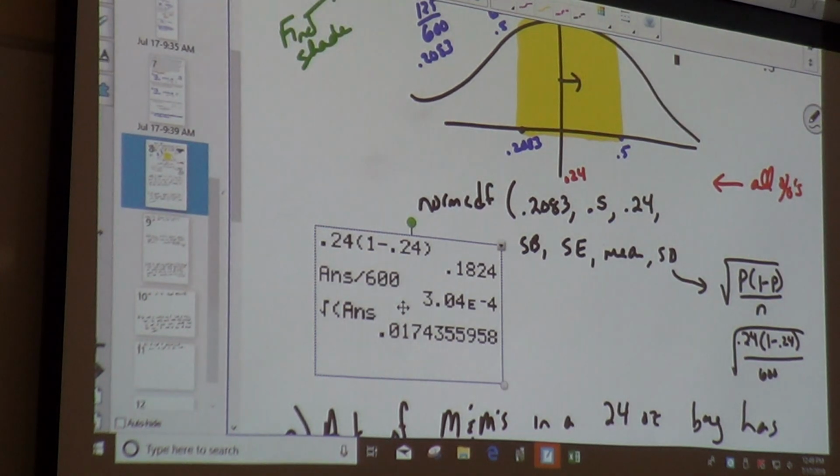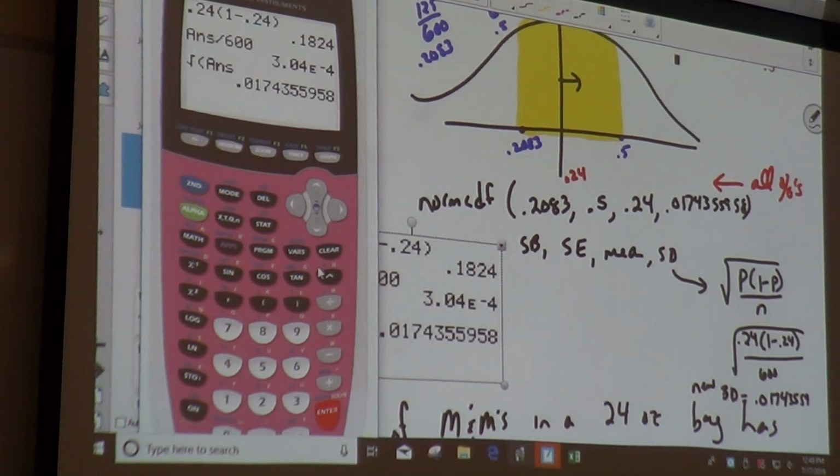Now, what I just found was just the new standard deviation. 0.01743555958.